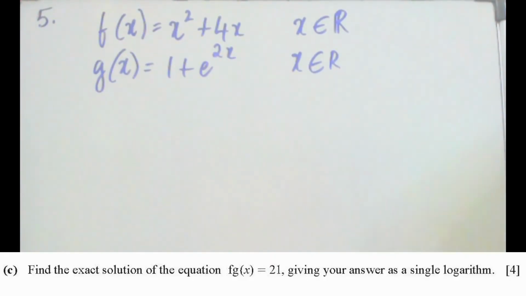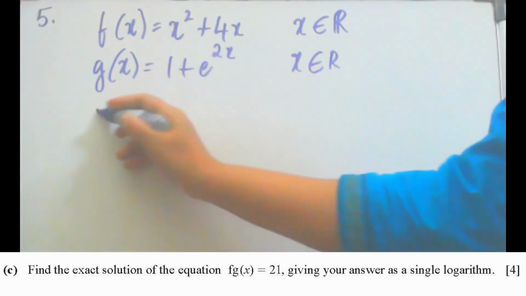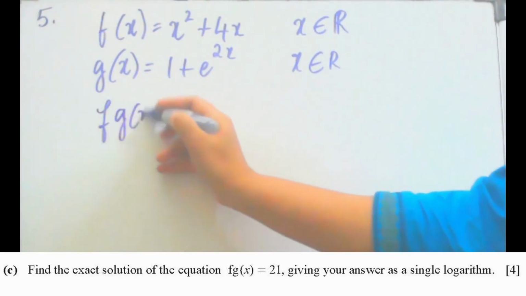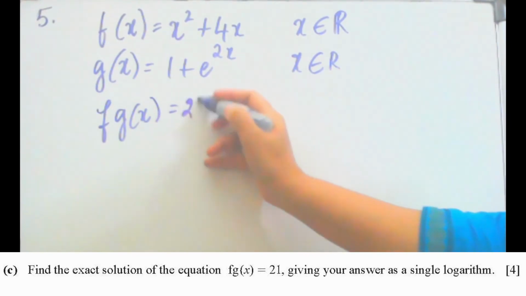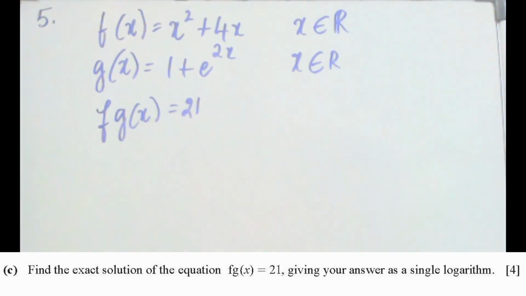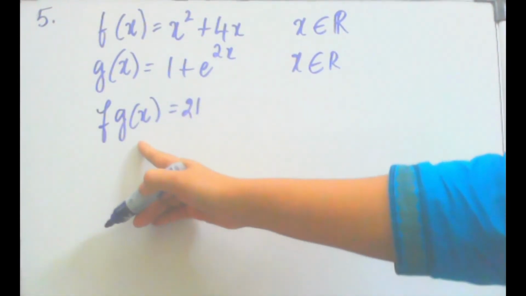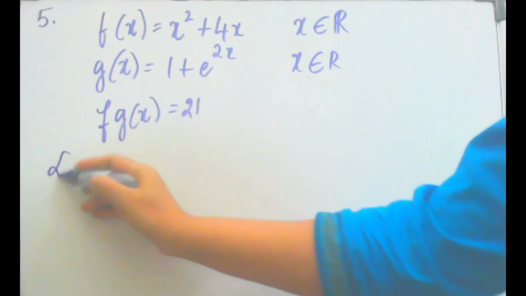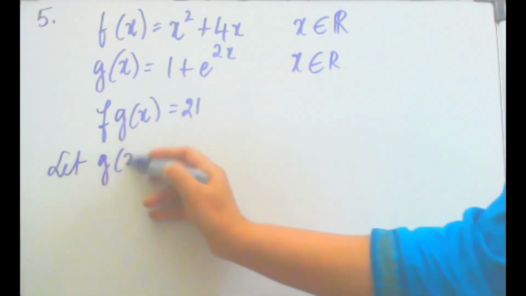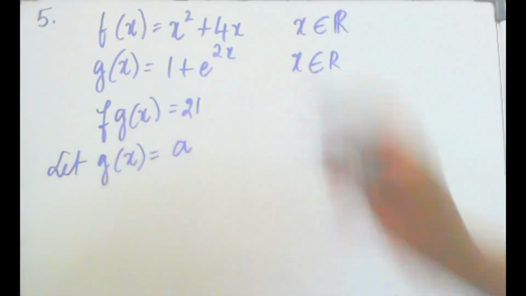Find the exact solution of the equation f of g of x is equal to 21, giving your answer as a single logarithm. Now f of g of x is called a composite function. For simplicity's sake, let's say g of x is equal to a.